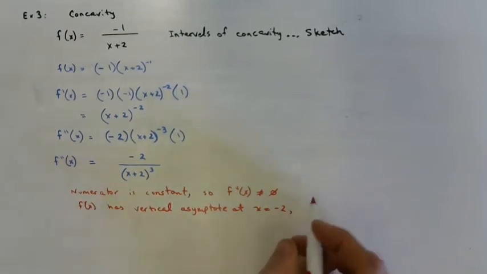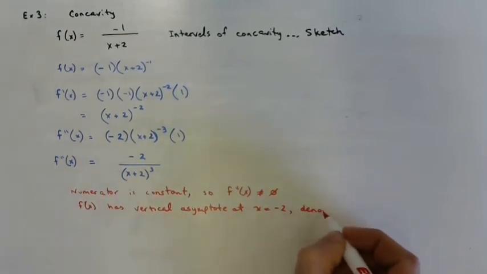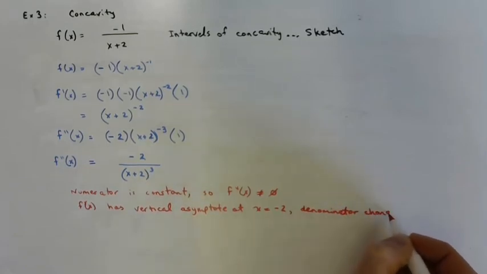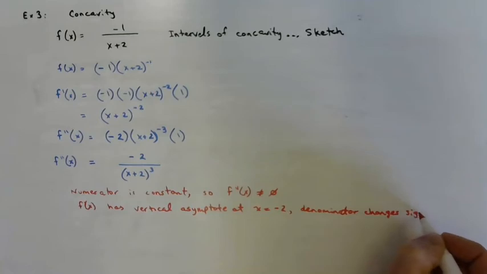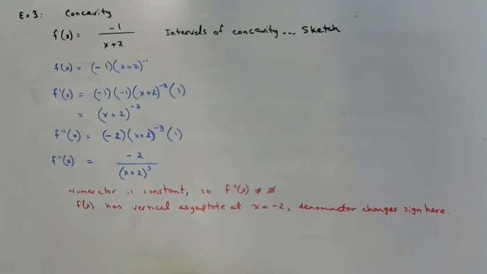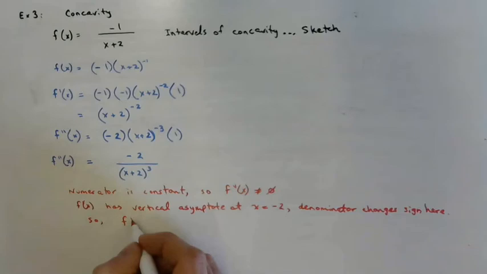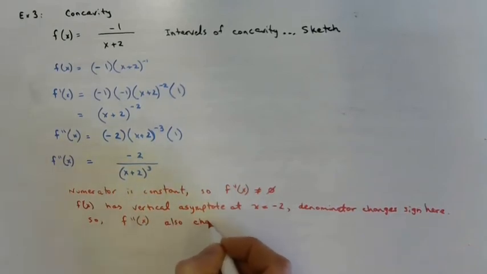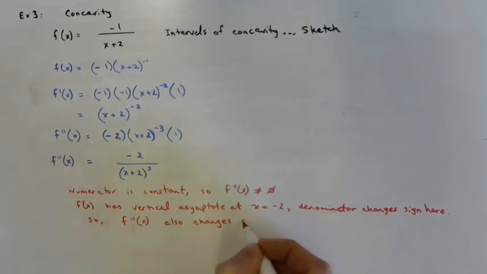It has a vertical asymptote. Denominator changes sign here at x equals -2. So f double prime of x also changes sign. Why is that necessarily true?